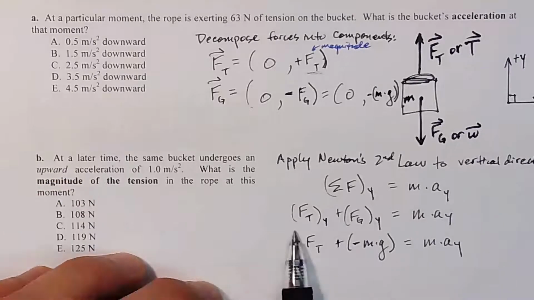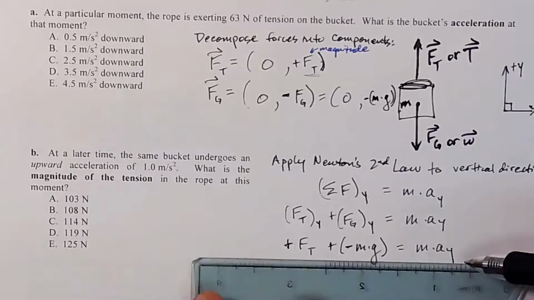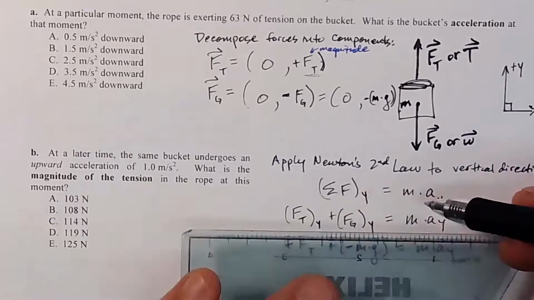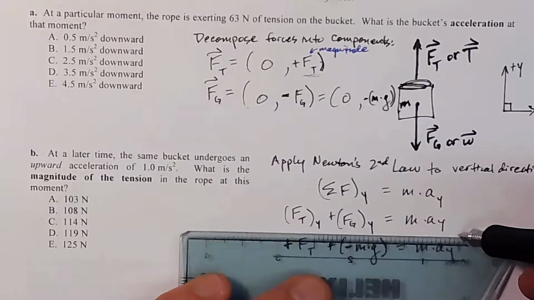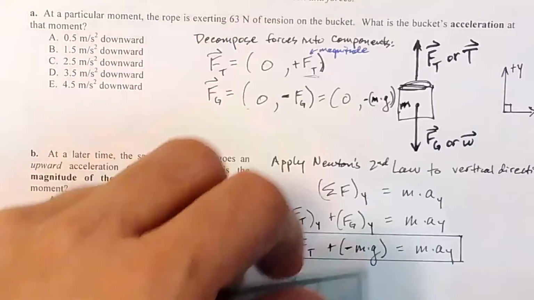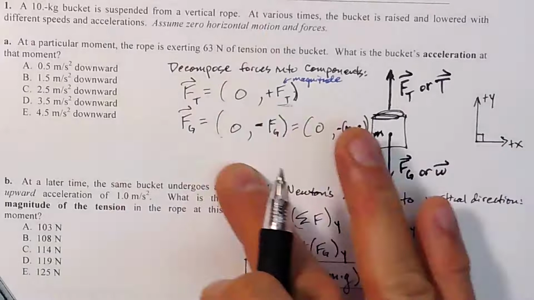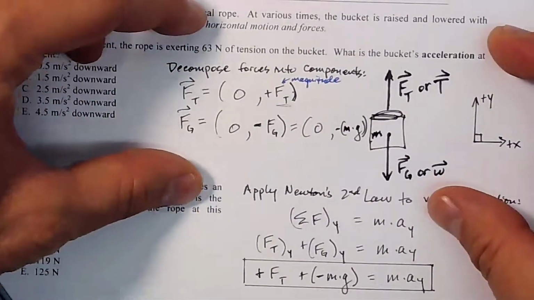So it looks like this will be one-stop shopping where we use this equation over and over again, and we can keep using it for any acceleration and any tension values as long as nothing changes up here with our free body diagram.